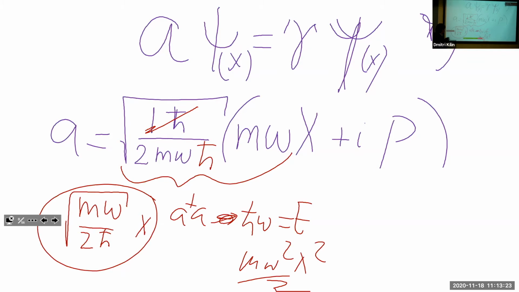Just in case, this was derived in order to reproduce the Hamiltonian by the a dagger a product. So if one wants to check that dimensions are correct, after taking this and this squared, it should give the potential energy m omega squared x squared over 2.